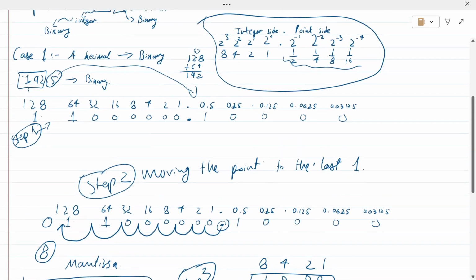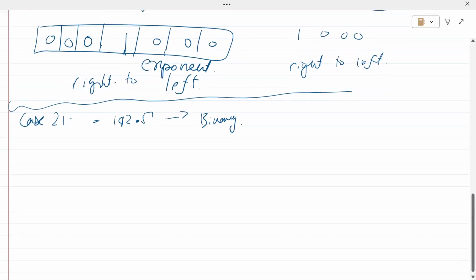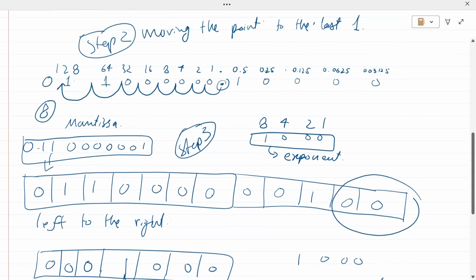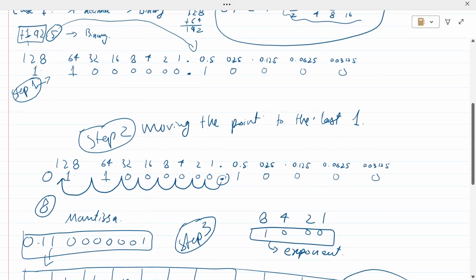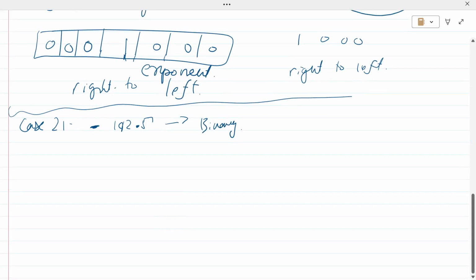Okay, this is what we are going to be doing in the second lecture. There are 4 cases. The first case is a positive decimal number to binary. The second case is a negative decimal number to binary. The third case is going to be a positive binary number to binary, and then the fourth case is going to be a negative binary number to binary. Might sound a bit intimidating, but it's going to be okay.